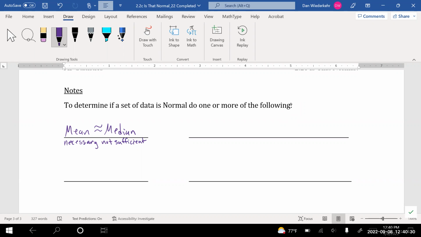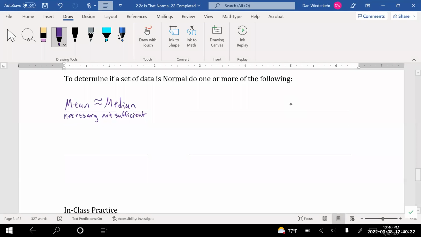Okay. You could take a look at the graph of the histogram, or a dot plot, or a box plot, or stem plot. Usually we do a histogram or a box plot because the calculator will do that for us, right? And just look at shape.